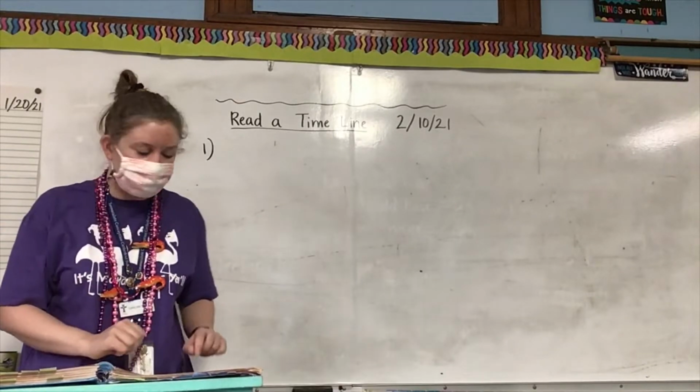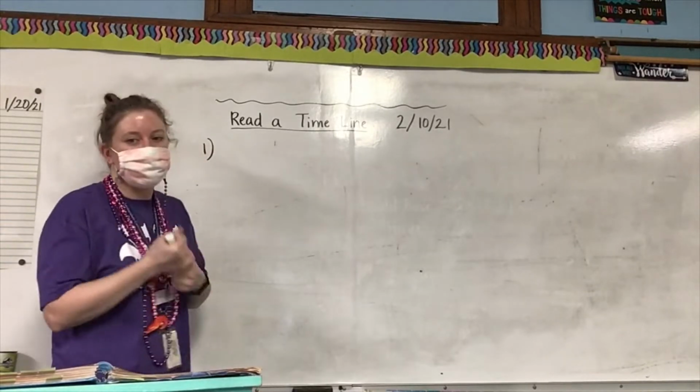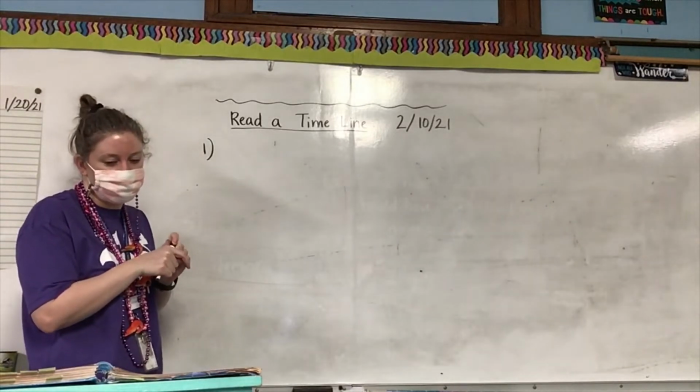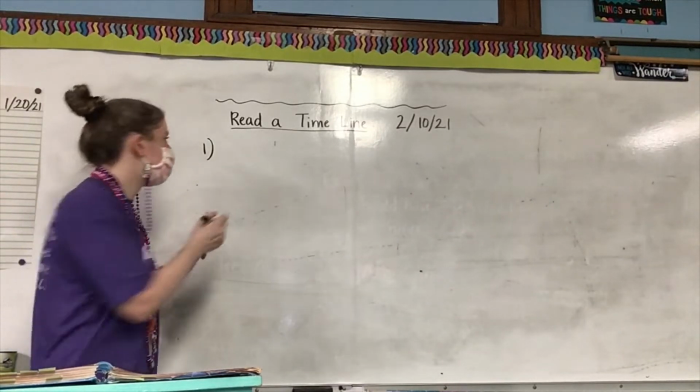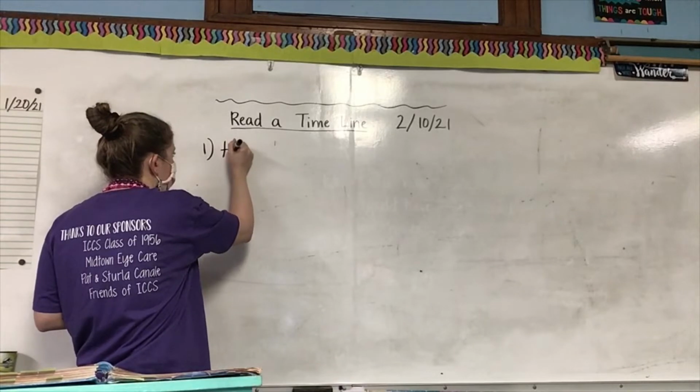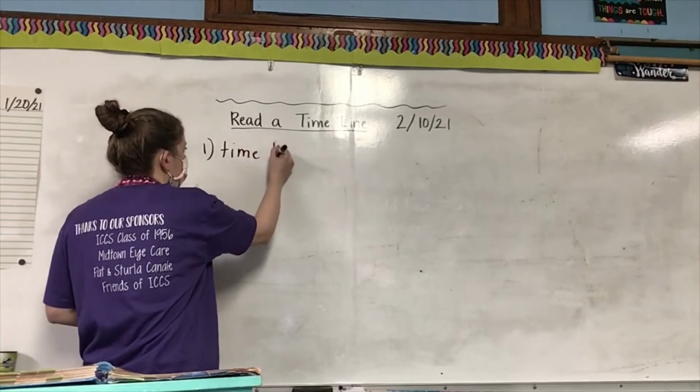Oh, pause, because we had a vocab word. What's our first vocab word for this skills lesson, Michaela? Timeline. It is 2 words, not 1, like the mistake I made.